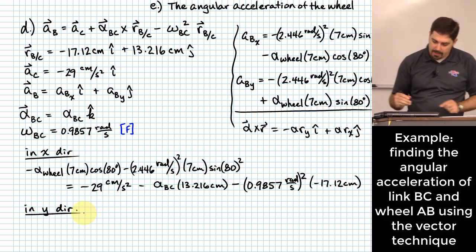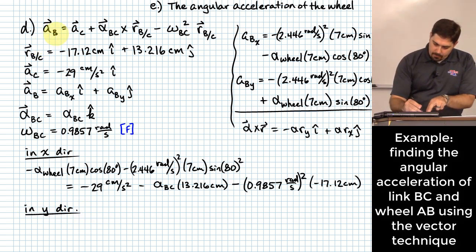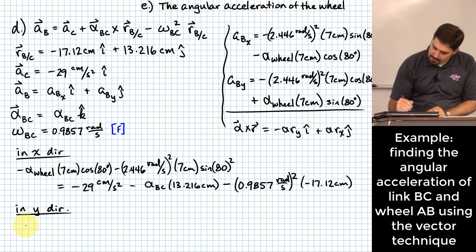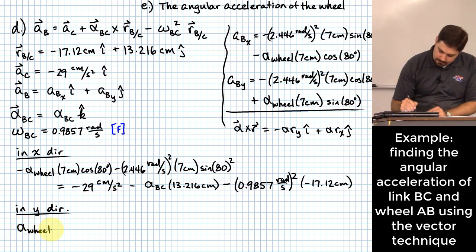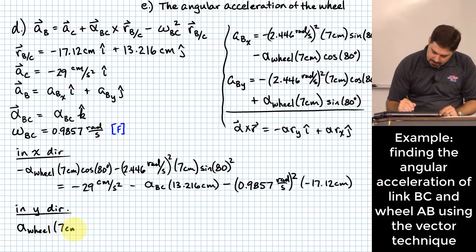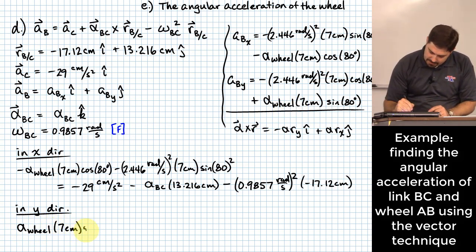Okay, so in the y direction, we'll again take just the y component, the ABY right there. So that's going to be alpha wheel times 7 centimeters times the sine of 80 degrees.